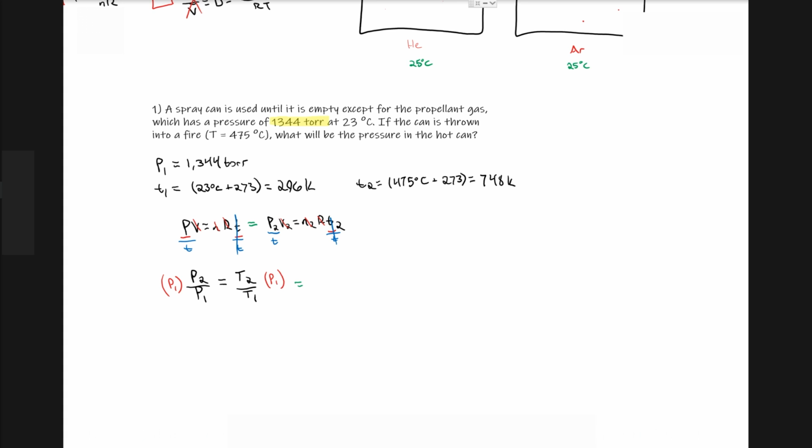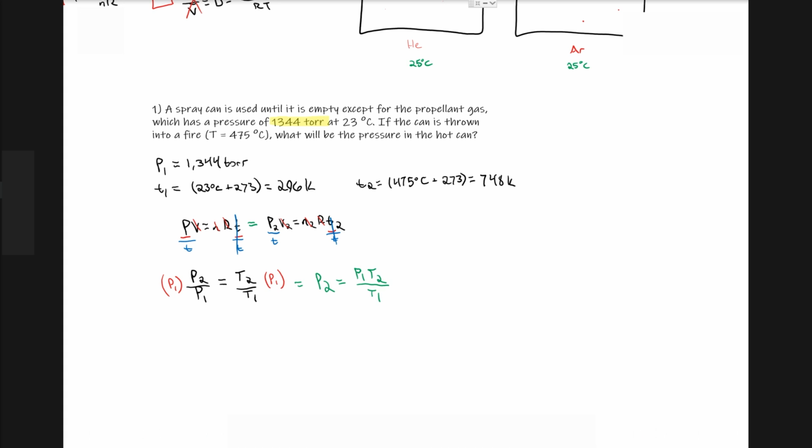And that gives us P2 equals P1 T2 all over T1. Now that we have an equation put together for this problem, we can actually plug in values.